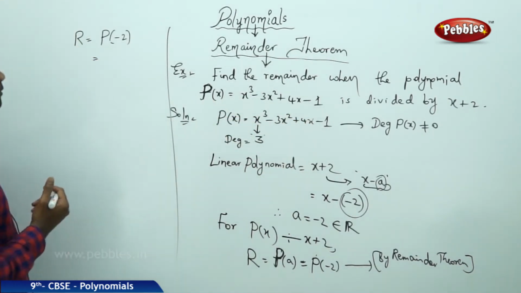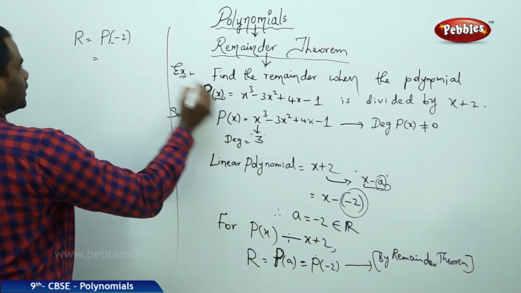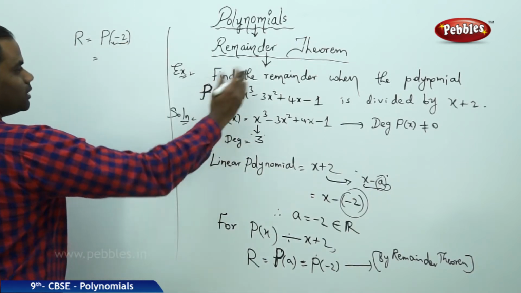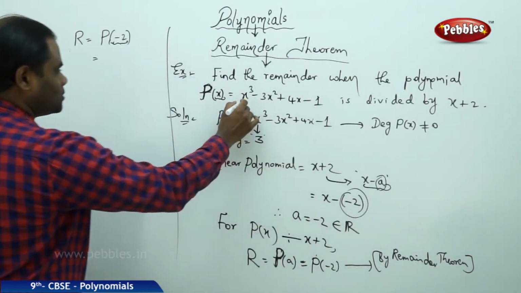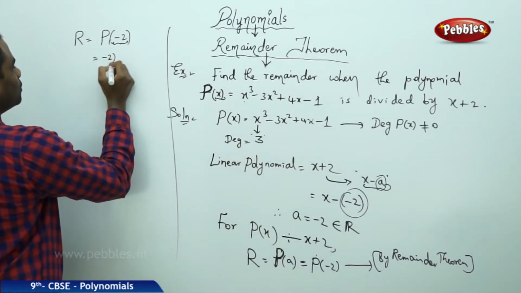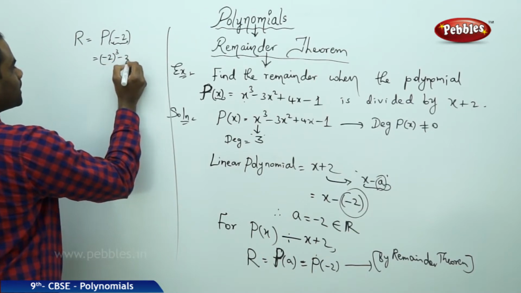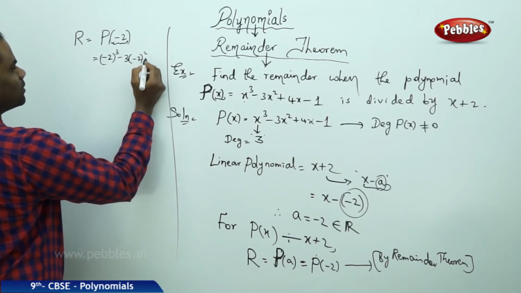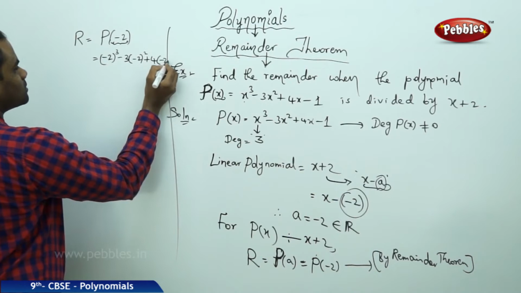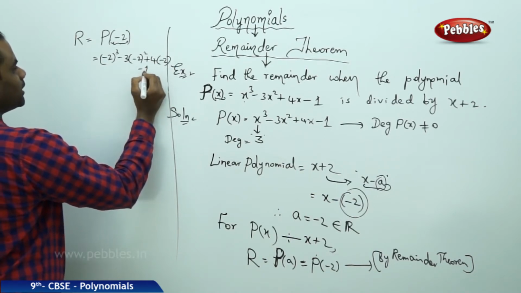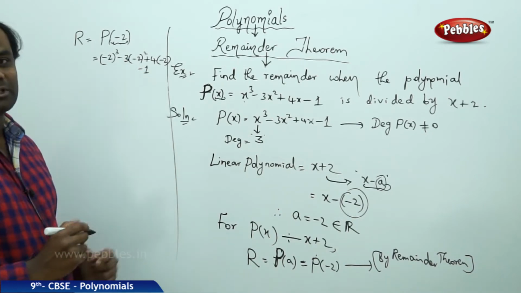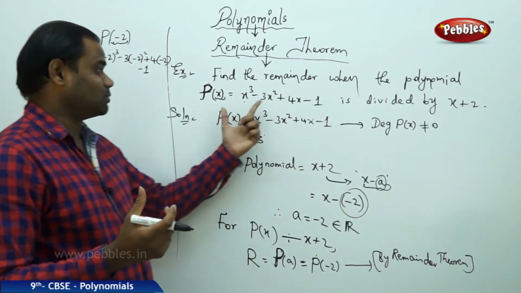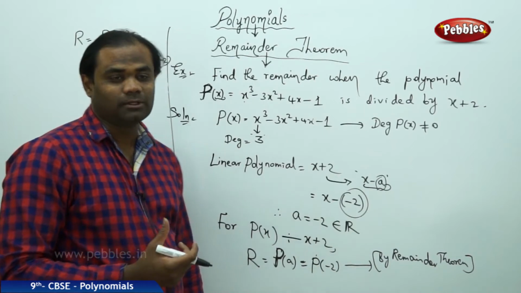So x gets replaced with minus 2 on the right side. So I have minus 2 whole cube minus 3 of minus 2 whole square plus 4 times minus 2 and minus 1, which we get when we expand by substitution of x equal to minus 2.